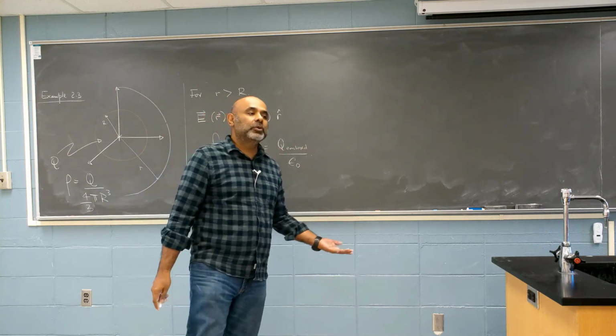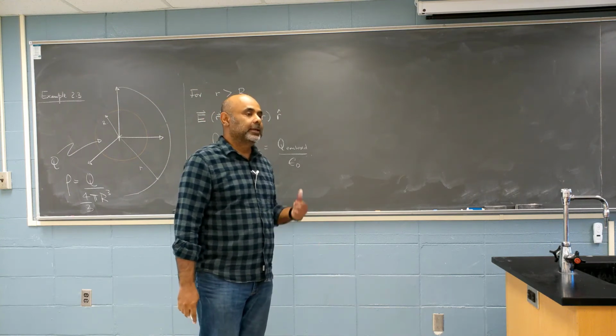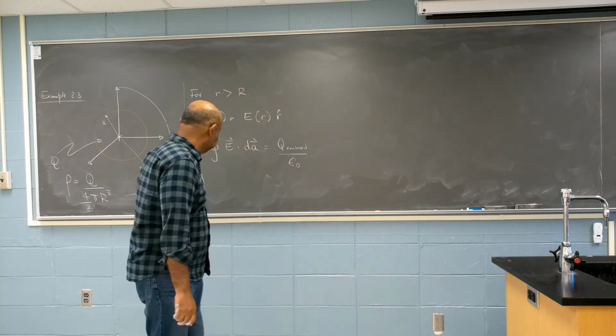Whenever you use Gauss's law, I told you, you can only do it when there's high symmetry. The integral reduces to multiplication. If you're integrating, you're not using Gauss's law. Watch.